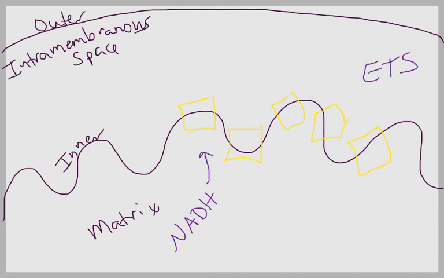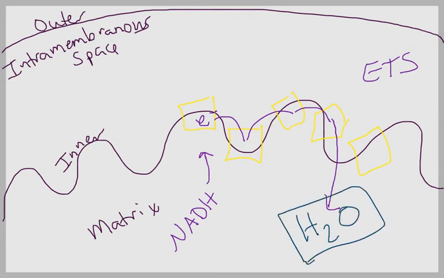We said that the electron would be passed from cytochrome to cytochrome, losing energy. When it gets to the second to the last cytochrome, it will be released, and the energy will be used to bind 2 hydrogen molecules to 1 oxygen to give us water, and that's our byproduct of the electron transport system.